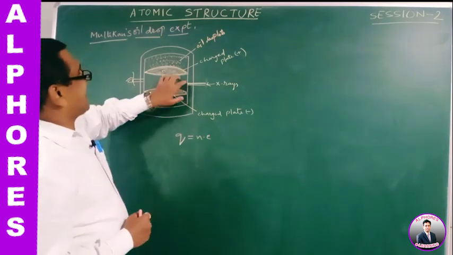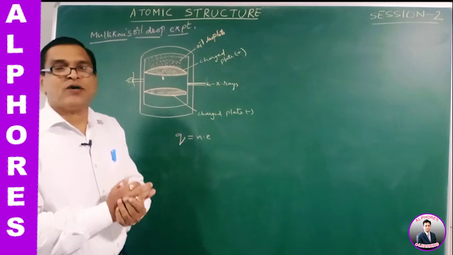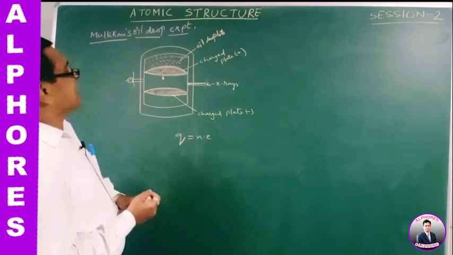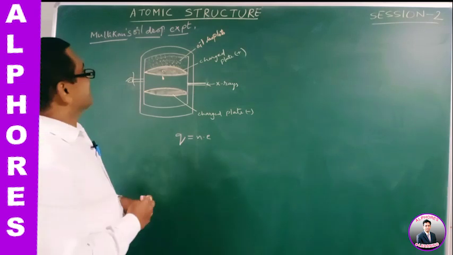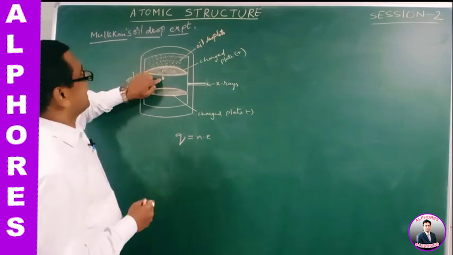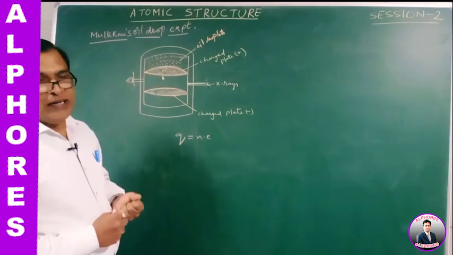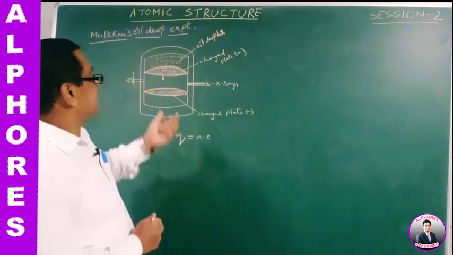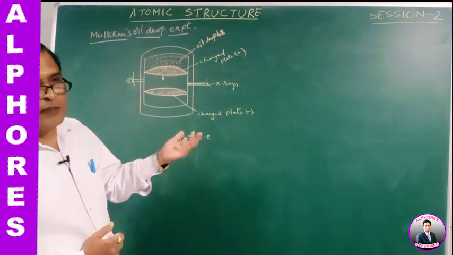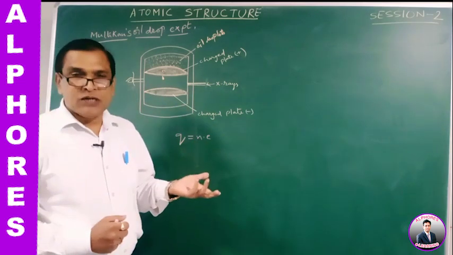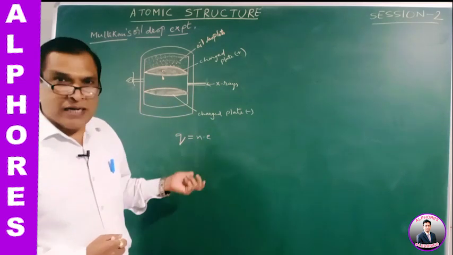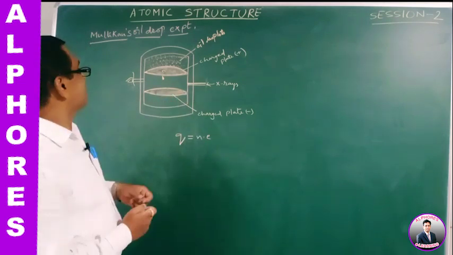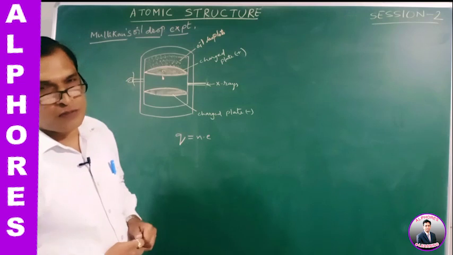Then the gases present in the chamber are ionized by passing a beam of X-rays. During the ionization process, the electrons adsorb on the surface of the oil droplet. The downflowing oil drop experiences the gravitational force, the electrostatic force due to electrical potential, and the viscous drag forces.